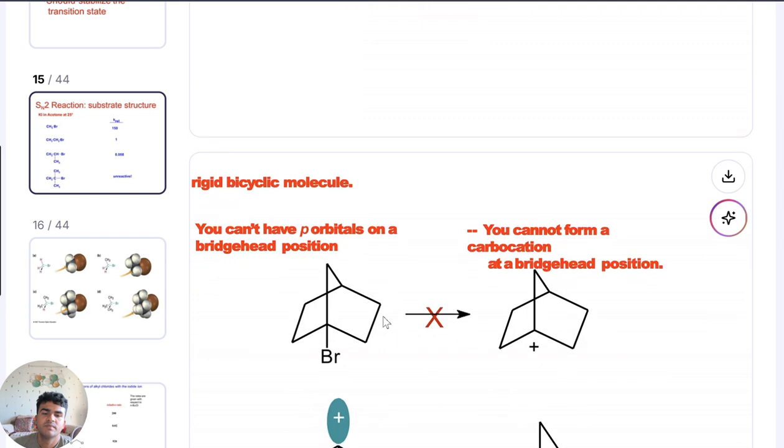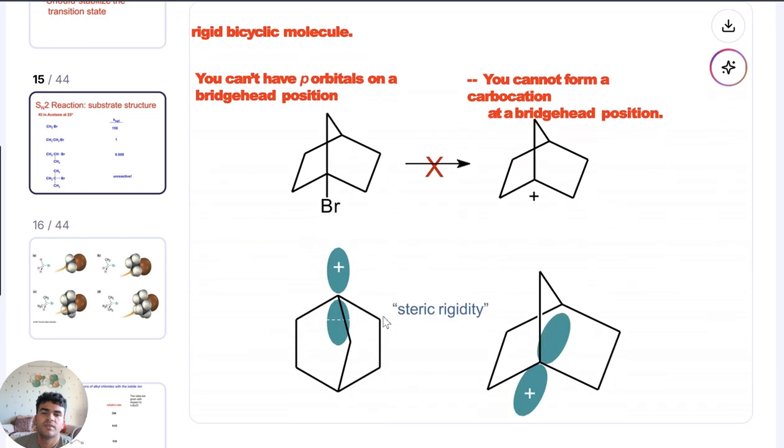For cyclic systems, here you can see that at the bridged carbon, if that is a bridged halide, the reaction will not take place, because the carbocation cannot be formed. Carbocation has planar geometry, so planar geometry will not be maintained at the bridged position.